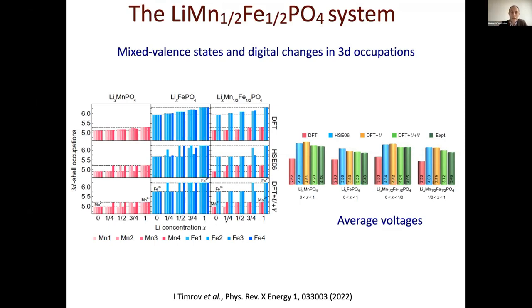And that's what we nicely get with these +U+V approximations. Also HSE is able to do that, but less precisely, as you can see from this plot. And correspondingly, we get a very good approximation of the experimental voltage for all these intermediate compositions, which is quite pleasant to get.